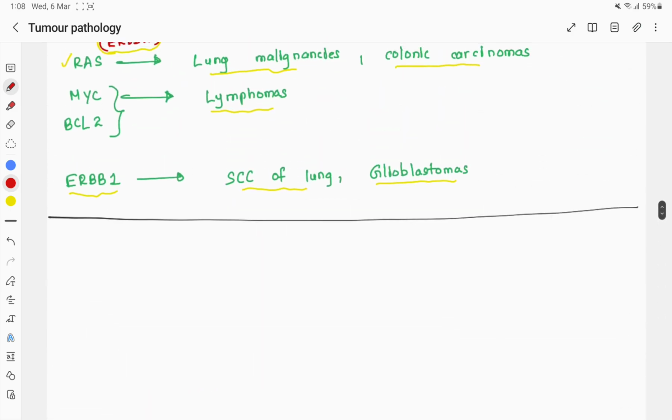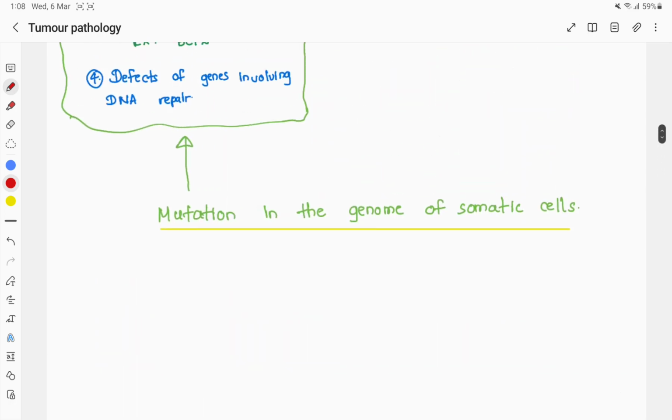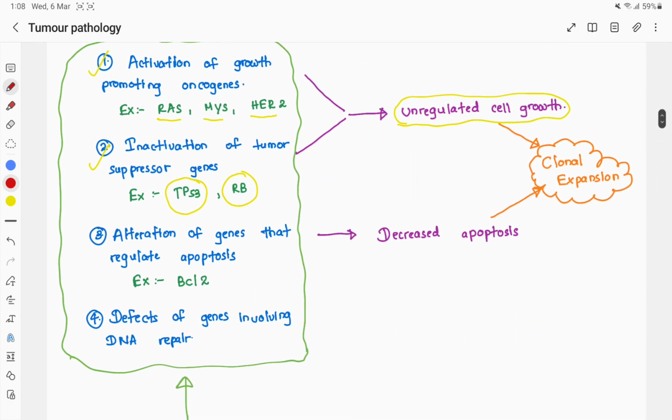Then the third step of carcinogenesis is alteration of genes that regulate apoptosis. The gene responsible for apoptosis is the BCL2 gene. Mutations in these genes that regulate apoptosis cause absence of programmed cell death, meaning those cells are resistant to cell death.